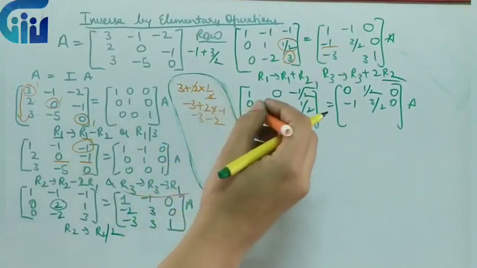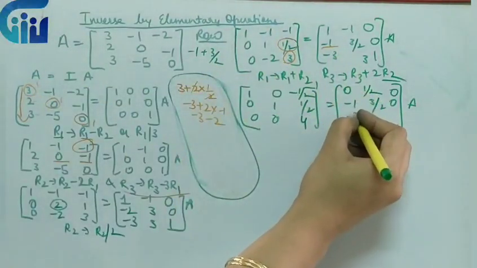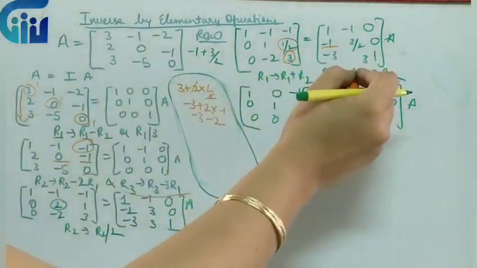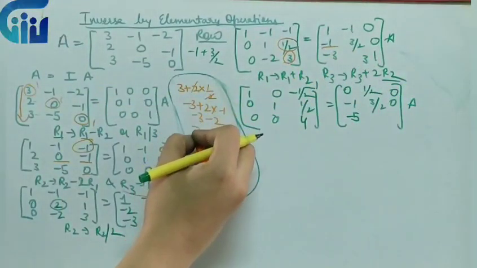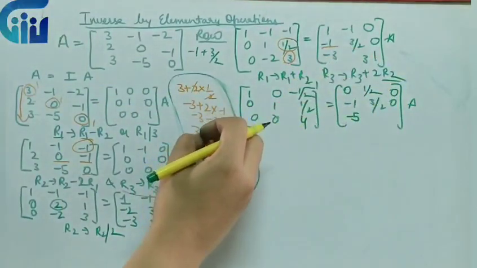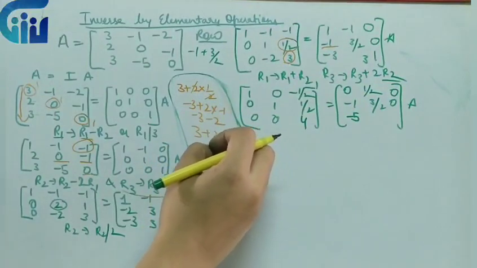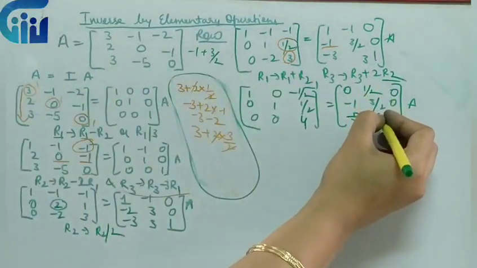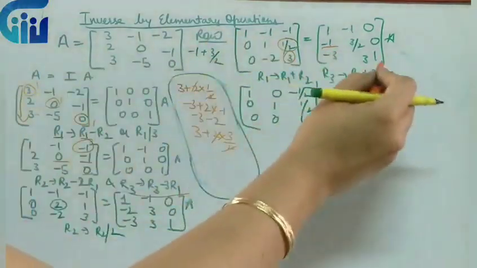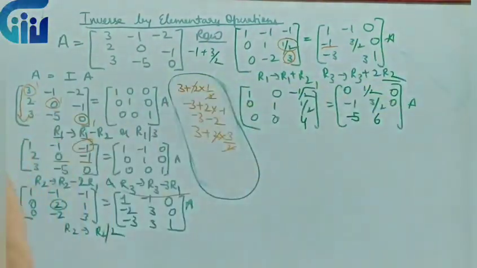So minus 3 minus 2 is minus 5. So I will write minus 5 over here. Then R3 next is 3 plus 2 times of 3 by 2. So we will cancel, 3 plus 3 is 6. So I will write 6 over there. And then 1 plus 0 times, so it will be 1 only.